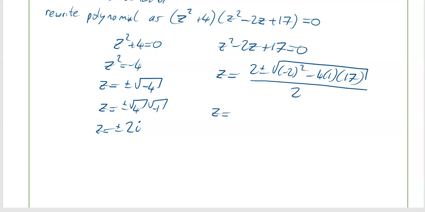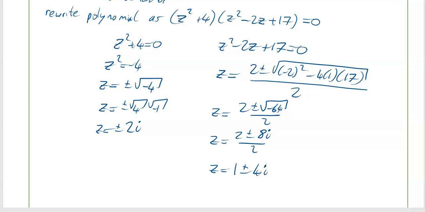That was my 2a, remember? And if you do this out on your calculator, you're going to get minus 64, all divided by 2. So z is equal to 2 plus or minus 8i over 2. So z is equal to 1 plus or minus 4i.